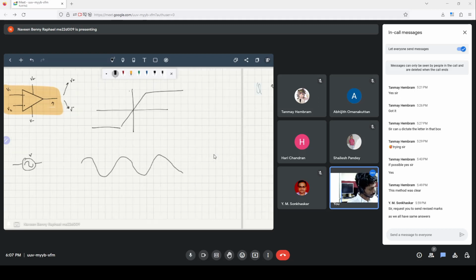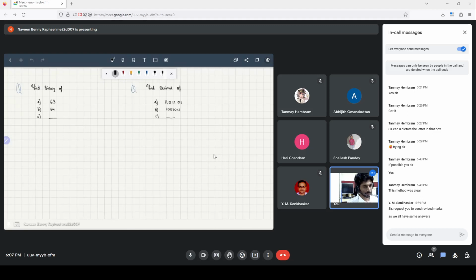Okay, so now we'll move on to binary to decimal conversion. Do you have any recommendations for a number to check the binary expansion of? I'll give you 2 or 5 minutes to solve this.